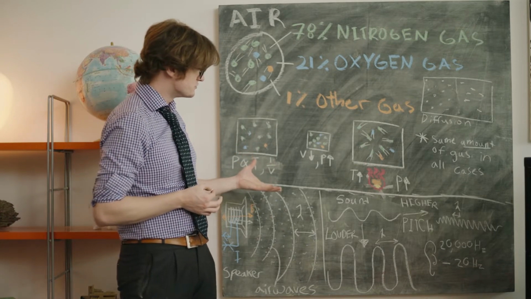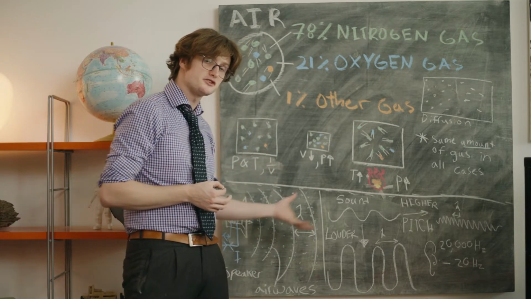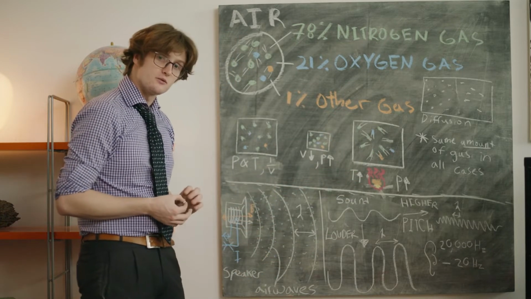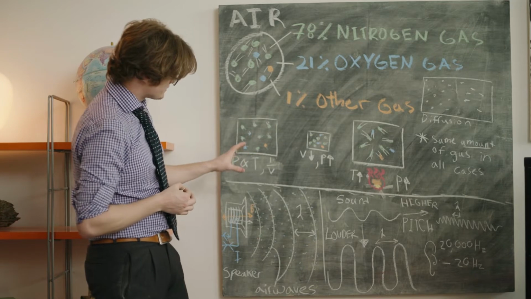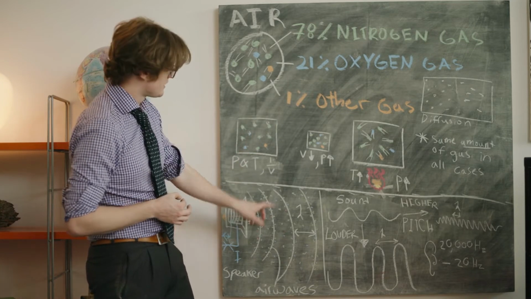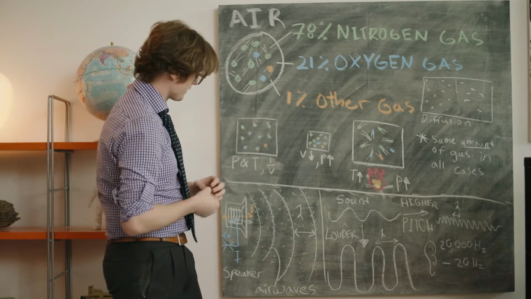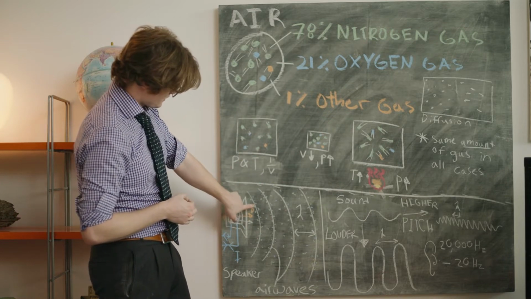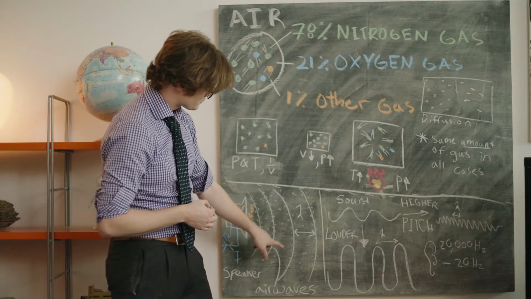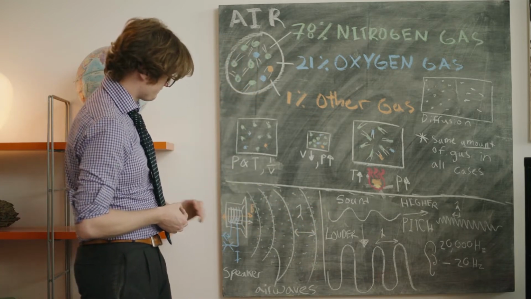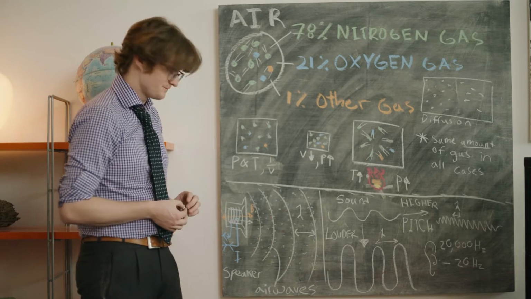And we can use this principle to create pressure waves through the air, which is a fluid, to create the sound that we hear. Primarily, a speaker will do this by changing the volume of air. We can see here that there are some sound waves, pressure waves, moving through the air in this diagram, and this is our speaker here, okay?